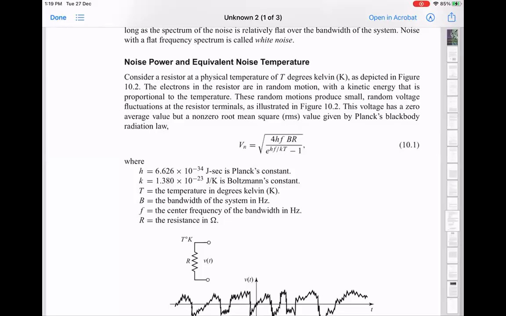This is of course not specific to microwave frequencies, but this is true in general.